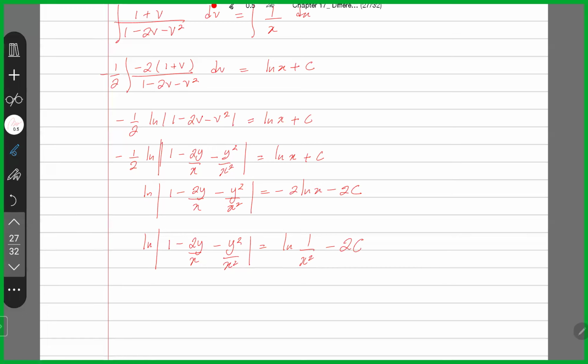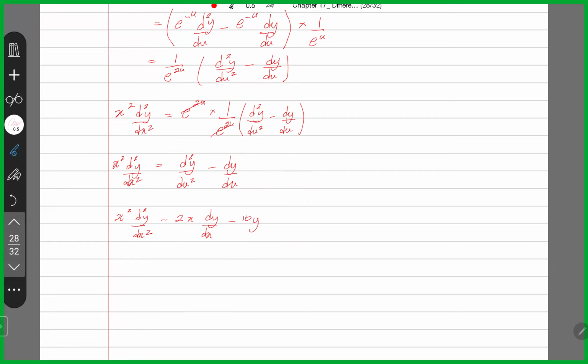All right, so we're asked now, given that y satisfies this differential equation, x squared d2y by dx squared minus 2x dy by dx minus 10y is equal to 3x cubed, to show that d2y by du squared minus 3 dy by du minus 10y is equal to 3e to the 3u.